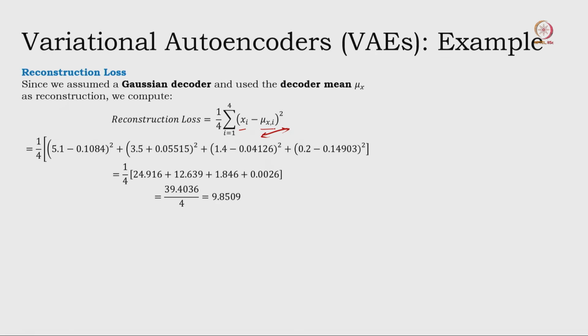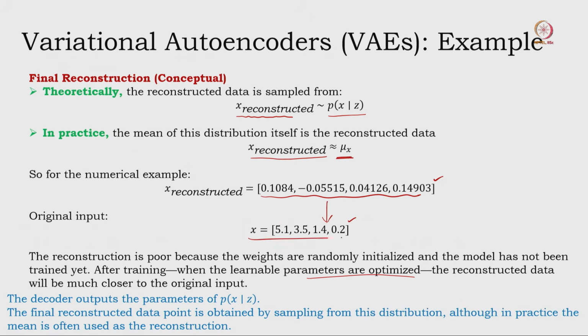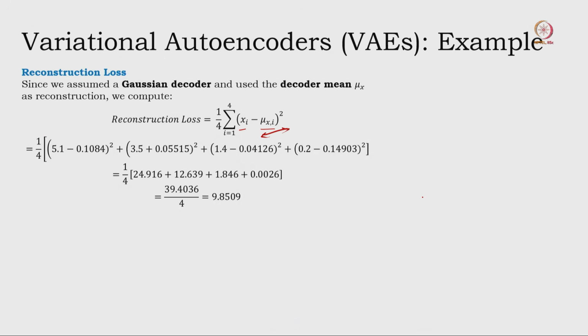So substitute the values: the original values are here, and this is the mean value. Just substitute the values and you will get this value, 9.8509.